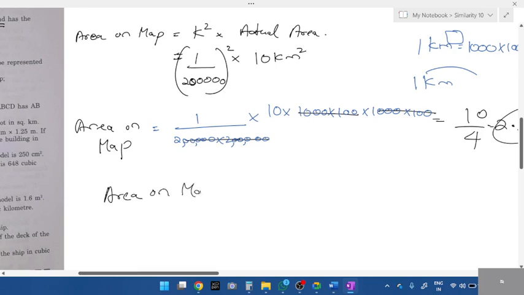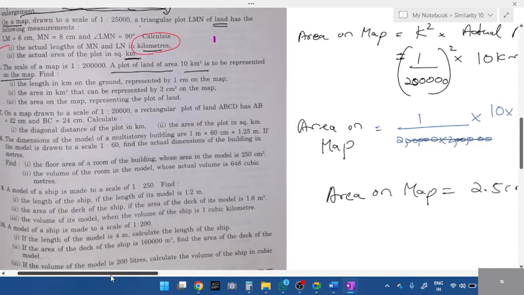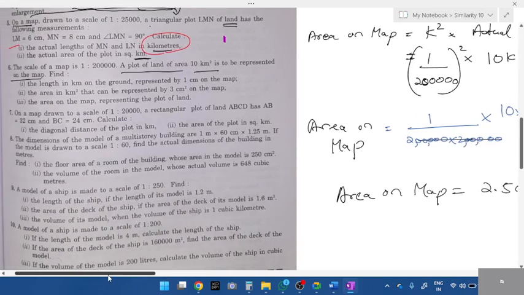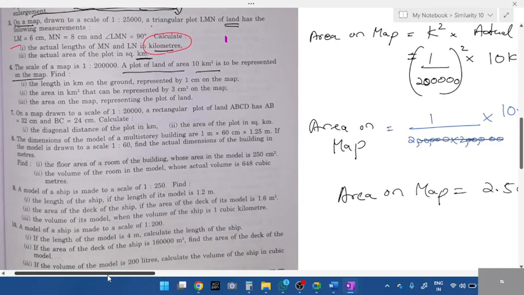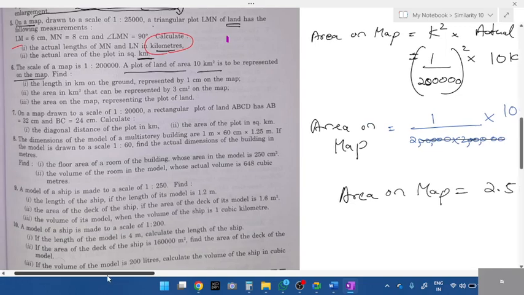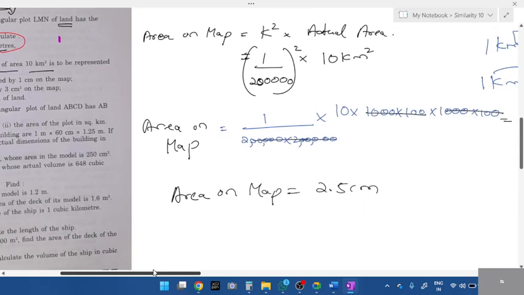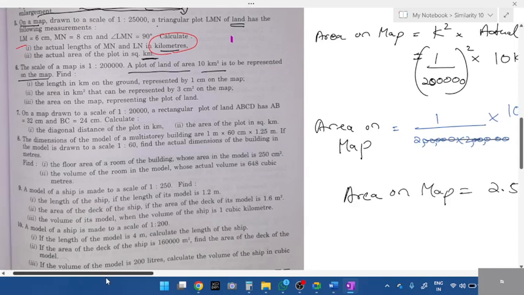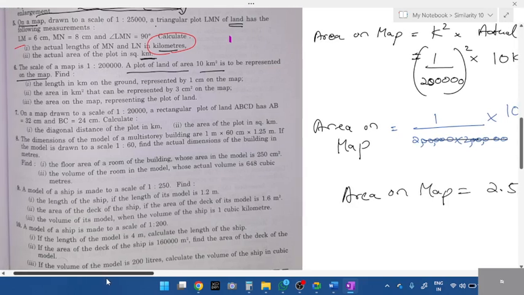Area on map is equal to 2.5 centimeter square. Next, first question: the length in kilometers on the ground represented by 1 centimeter on the map. The length in kilometers on the ground. Area we have 2.5. What kind of map is this?